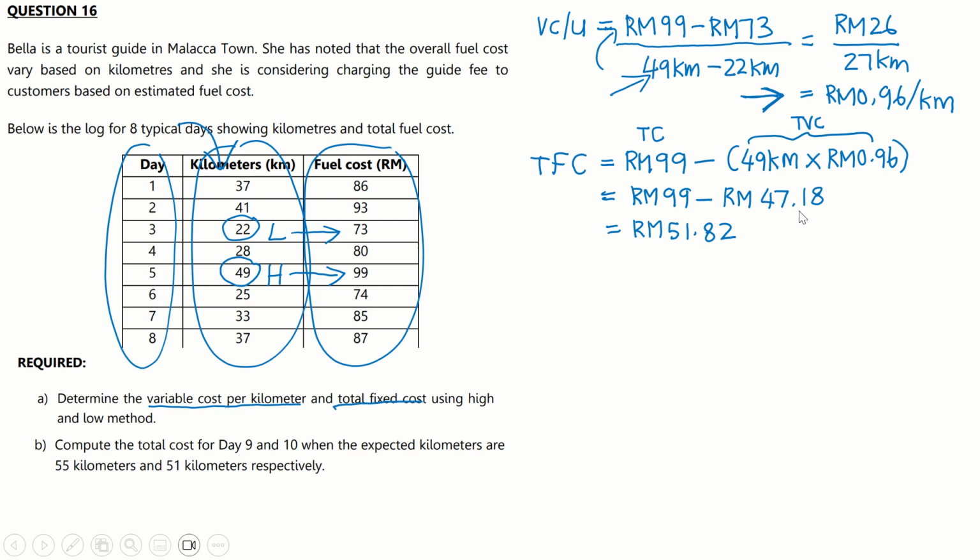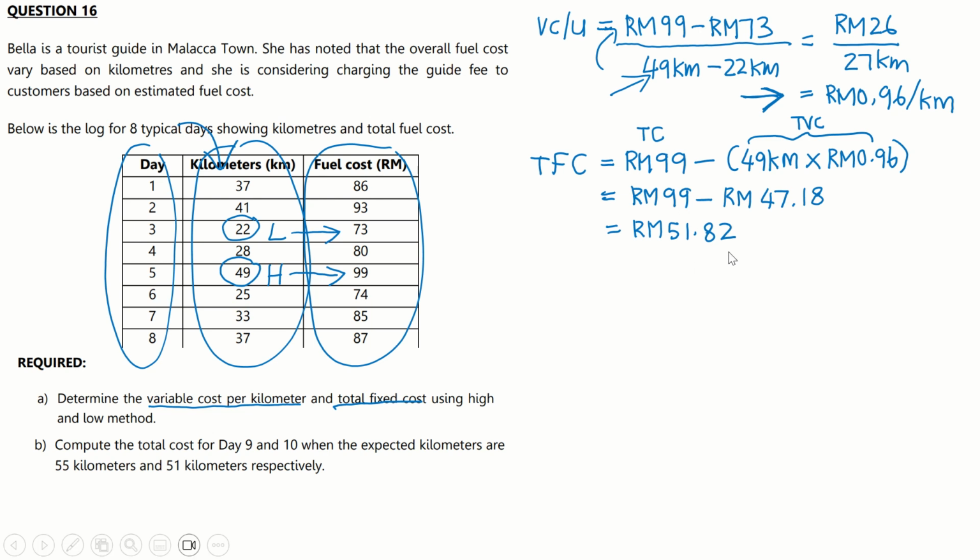If we multiply the 49 with exactly 0.96, the answer would be 47 ringgit and 4 cents, and the total fixed cost would then be 51 ringgit 96 cents.